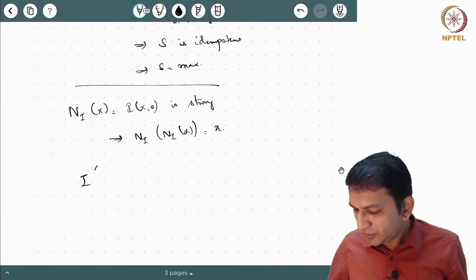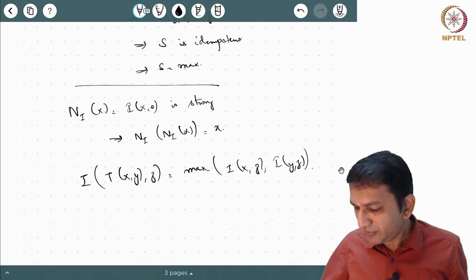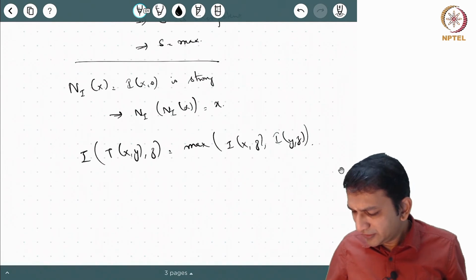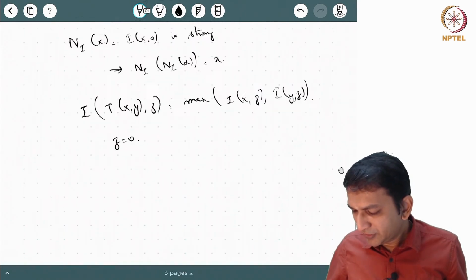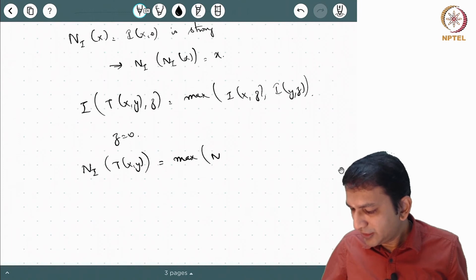So now consider this equation. This is max of I of x comma z comma I of y comma z. Let's take z to be 0. Then the left hand side becomes N_I of T(x,y) is equal to max of N_I of x comma N_I of y.